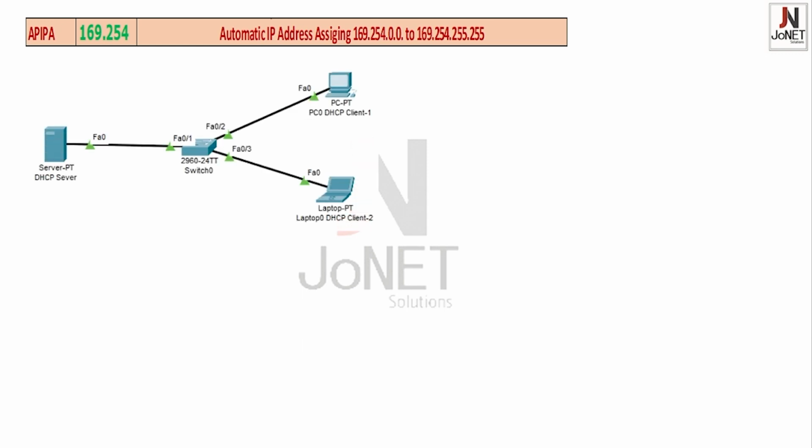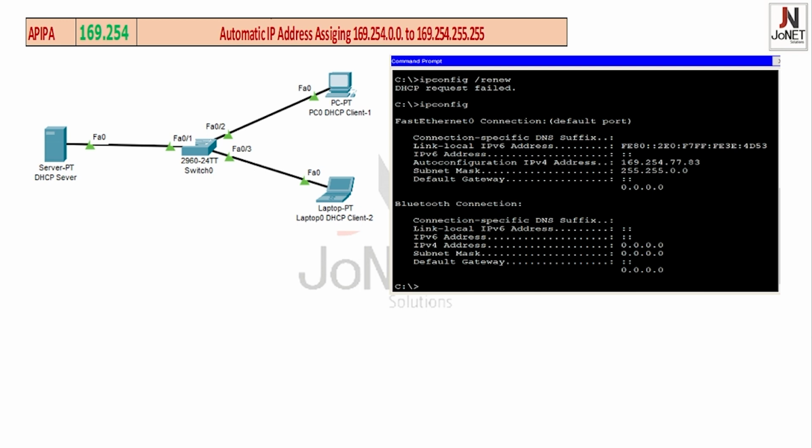So we have APIPA, automatic private IP address, which starts from 169.254. Whenever we have a DHCP environment, the client relies on the DHCP server to fetch the IP address, default gateway and DNS parameters. Due to some reason the DHCP service may be down, or a network device may be down, or the link or interface goes down.